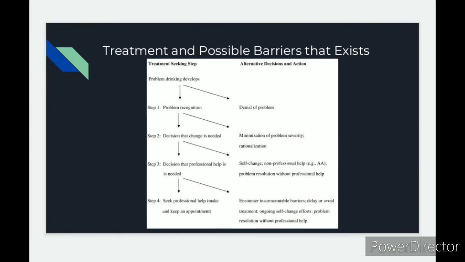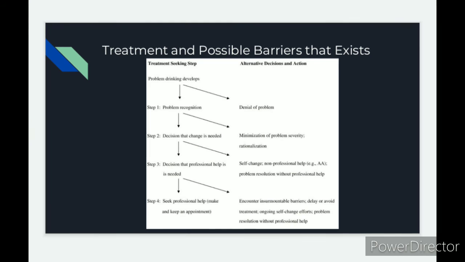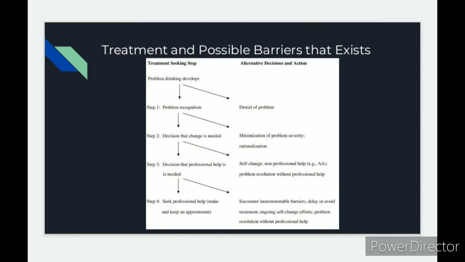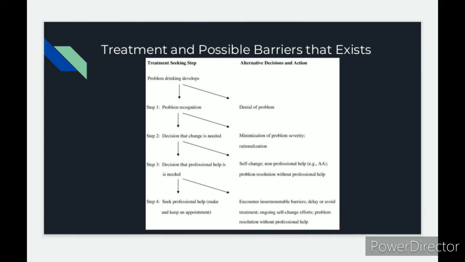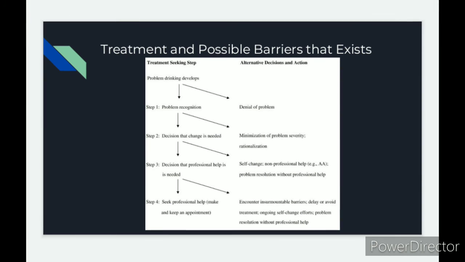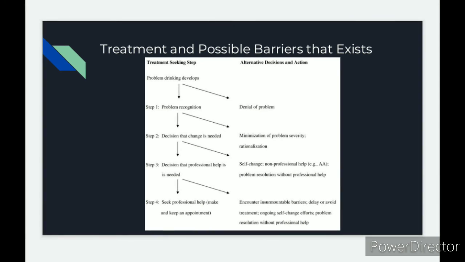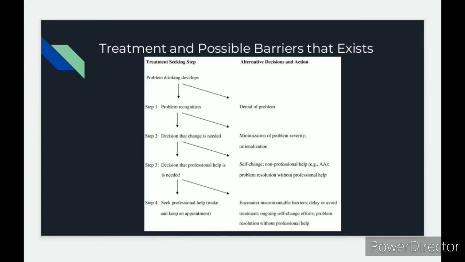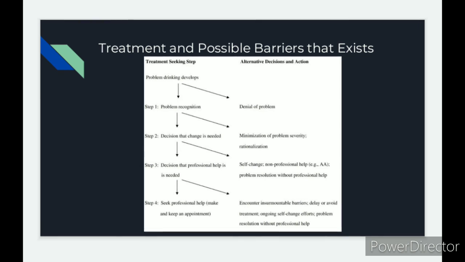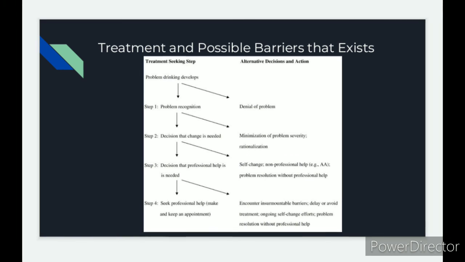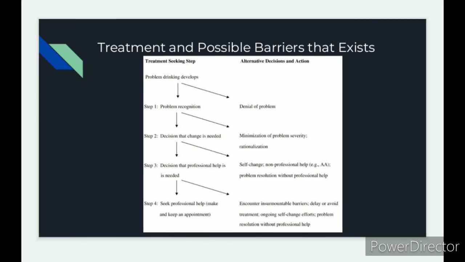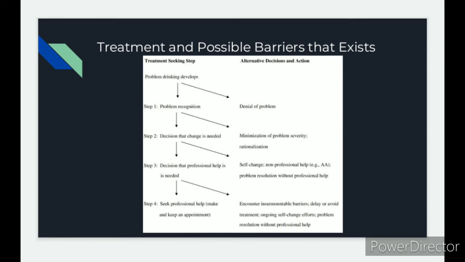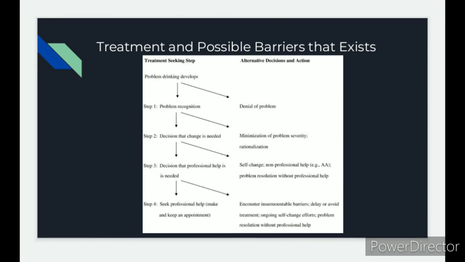Step 2. Decision that change is needed. An alternative to this is minimization of the problem severity and also rationalization. Step 3. Decision that professional help is needed. An alternative to this is self-change, non-professional help, resolving problems without professional help.